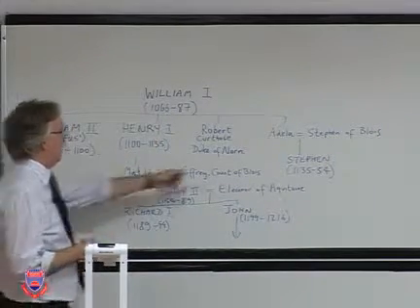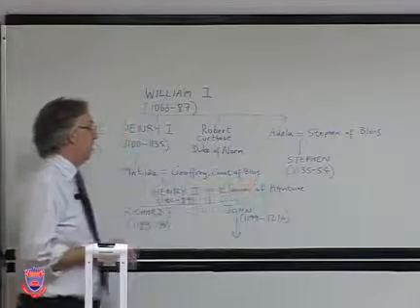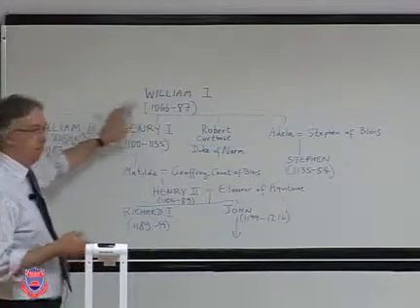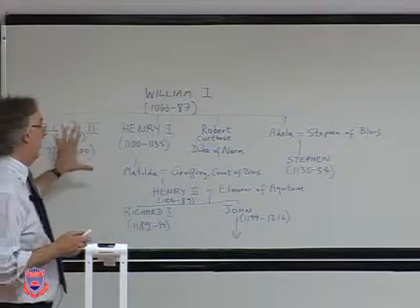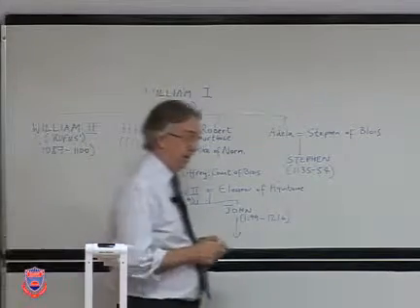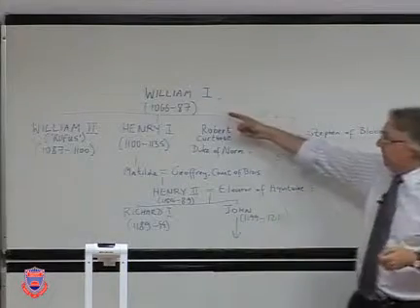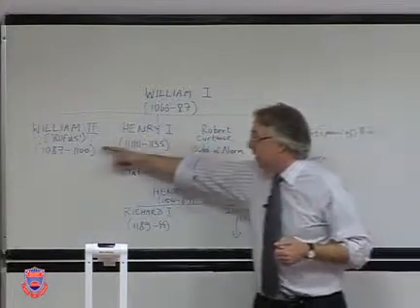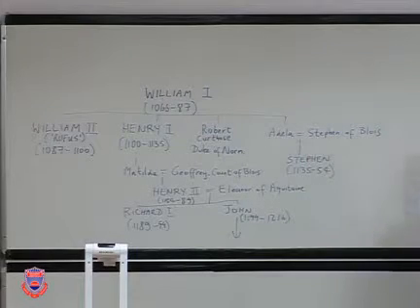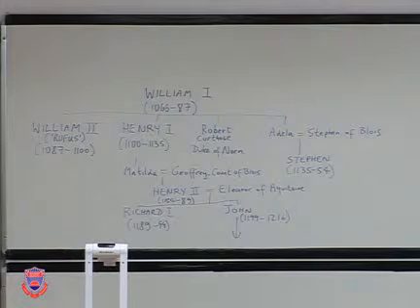So whether we call him Norman or not is debatable, I suppose. But these three guys we can definitely describe as Norman, and they had or aspired to be Dukes of Normandy as well as Kings of England. And the dates here are the dates for their kingship. This is the reign of William, and Henry, and their chronology.